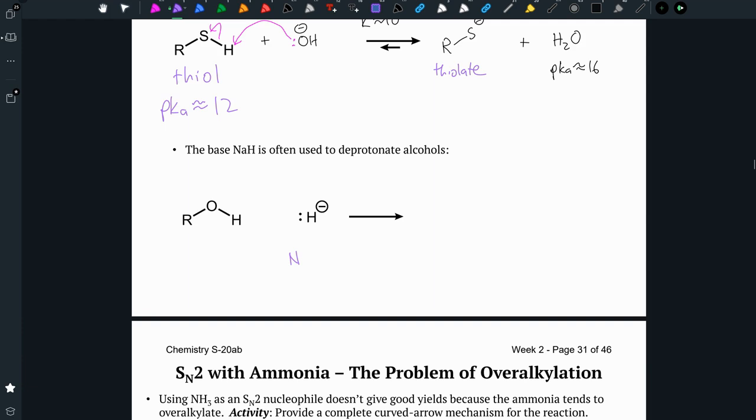The hydride ion in NaH. So NaH is going to split into Na plus and H minus. You are likely never to have seen H minus before in your chemistry career because this is a very strong base. This hydride is a very strong base.